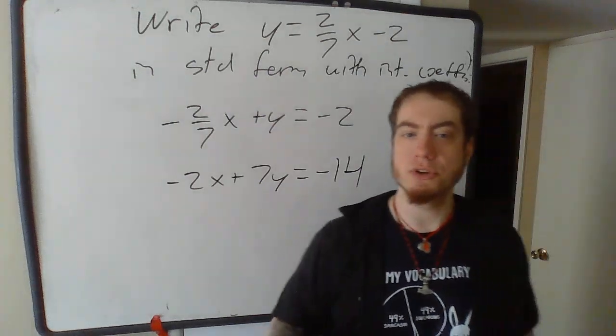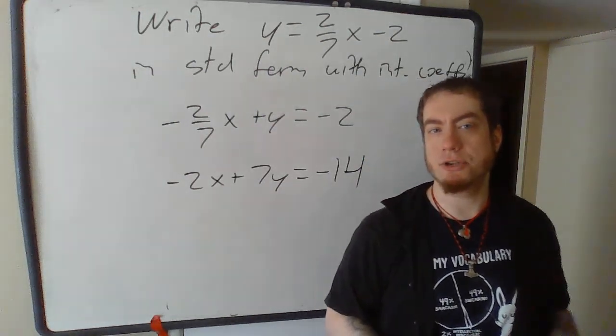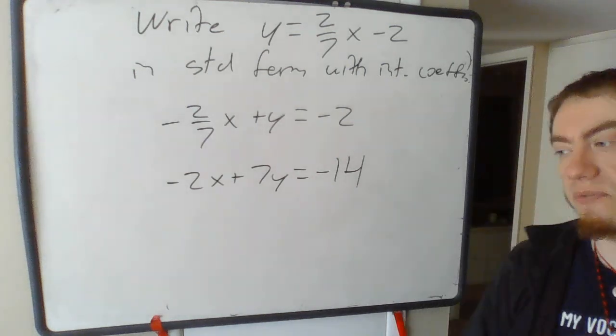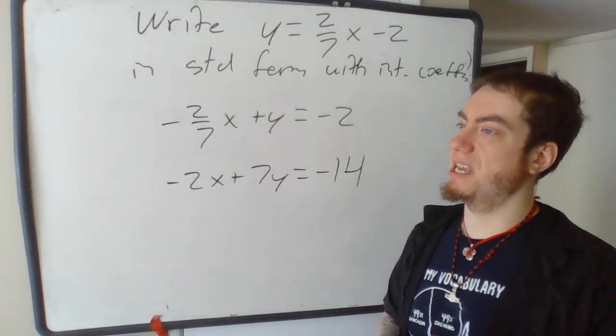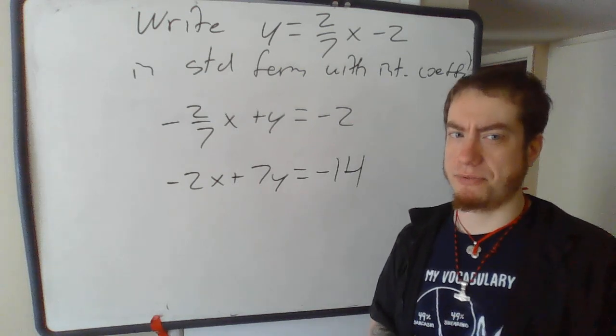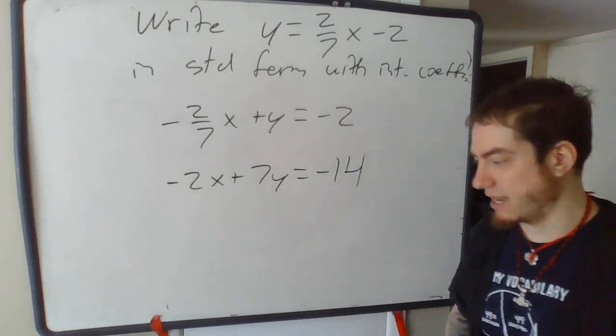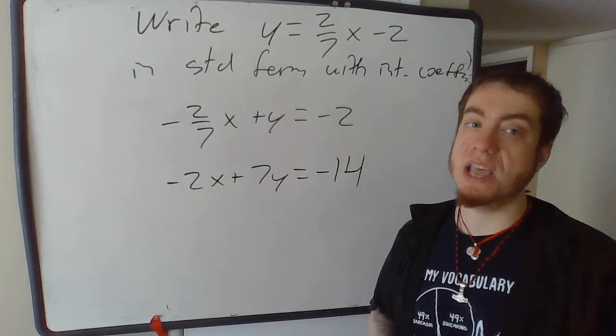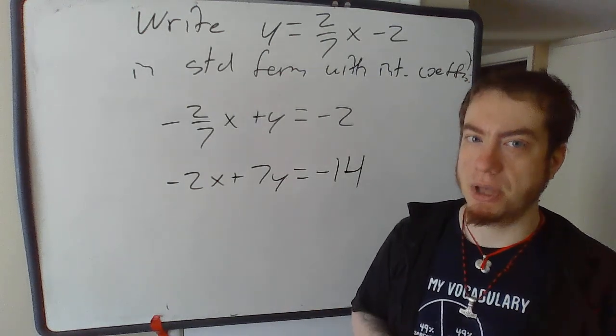Now, the good news for you guys is you don't have to worry about doing this rewriting stuff all that often. A lot of times, for the applications that you're going to be interested in, you probably don't have to worry too much about things like standard form for a line. But it's good to know that it exists and that you can use it if for some reason it ever comes up.